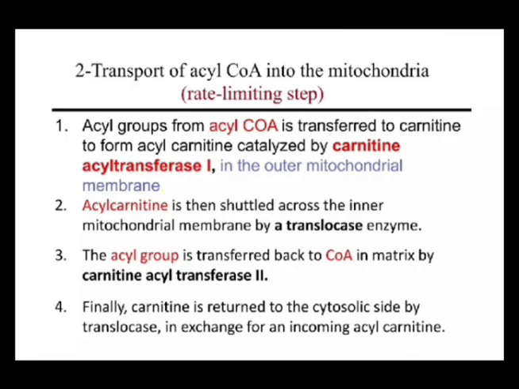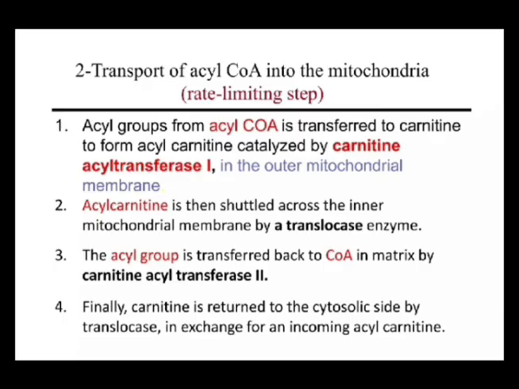Transport of acyl-CoA into the mitochondria is the rate-limiting step. Acyl groups from acyl-CoA are transferred to carnitine to form acyl-carnitine, catalyzed by carnitine acyltransferase I in the outer mitochondrial membrane.